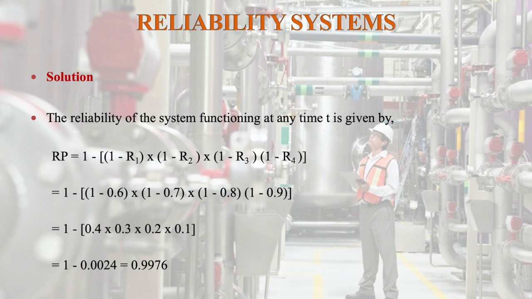We will get the overall system reliability Rp is equal to 0.9976. So with this in the parallel system, but in the series system it was 0.30, like that. But in the parallel system the reliability of the overall system has been increased.